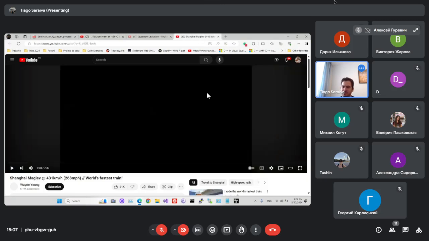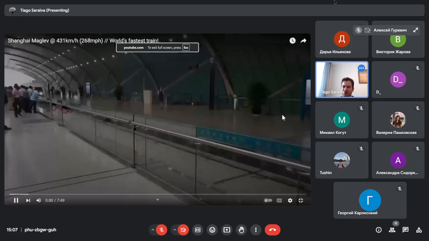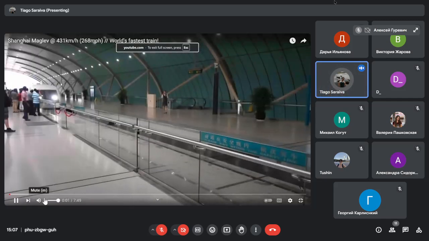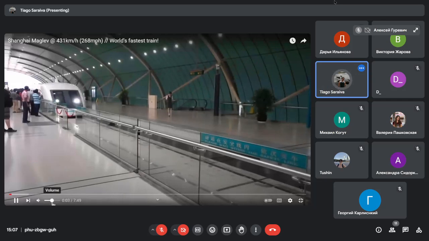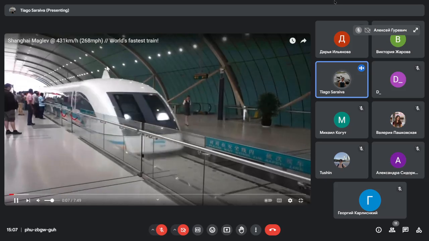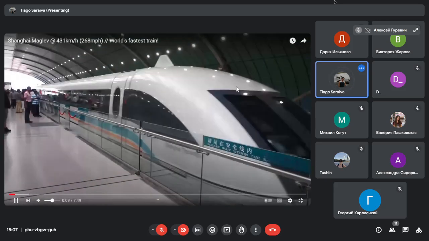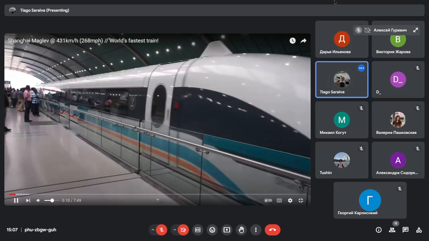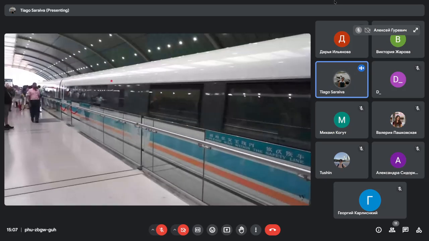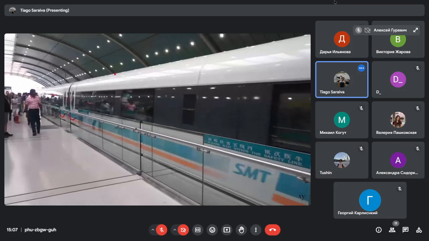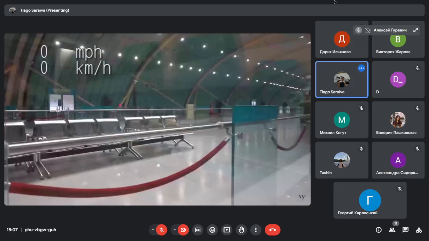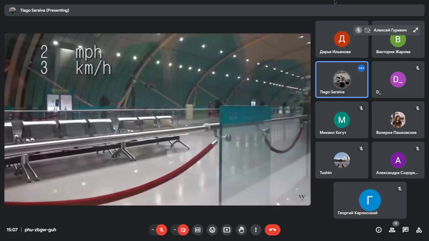And actually, in China, Japan, Germany, they implement this project of the so-called maglev, the magnetic levitating train. This is pretty much like an airplane.